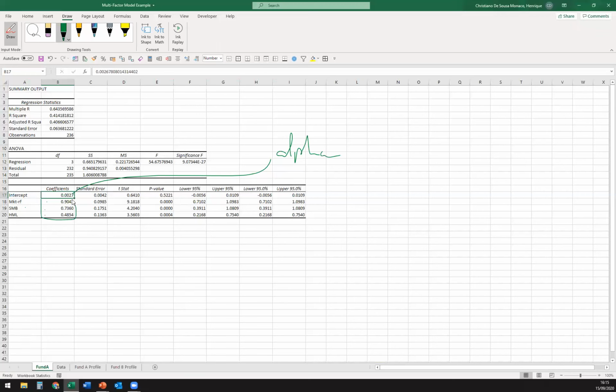Those three are our coefficients, or betas, right? By looking here, we can see that those three are positive. So we can say that this fund does well when small stocks are outperforming large stocks. Let me zoom in a little bit more.